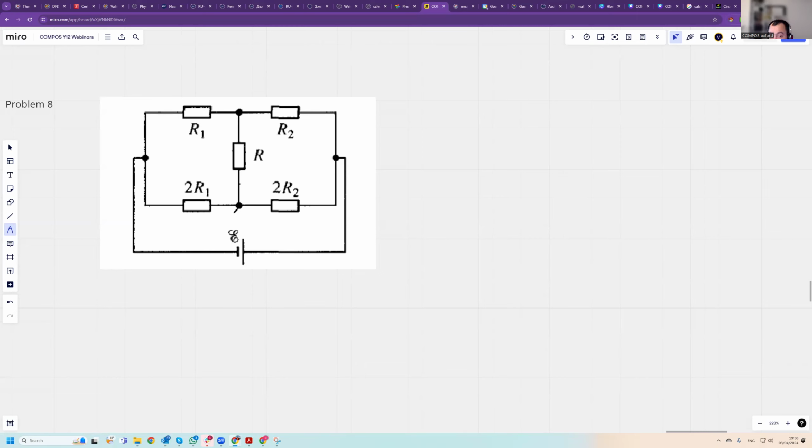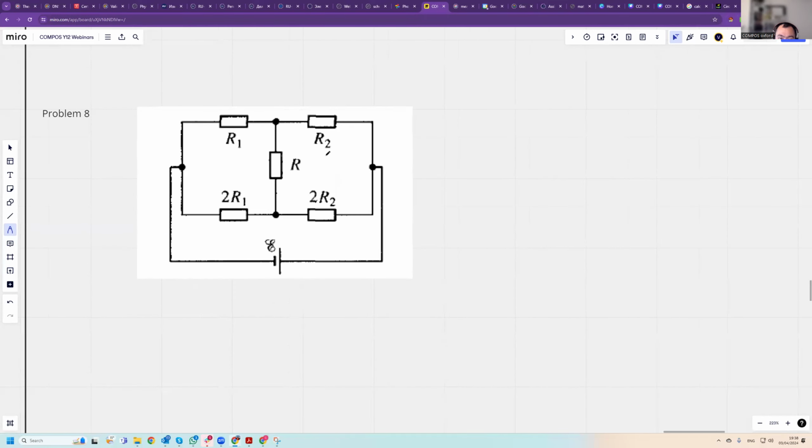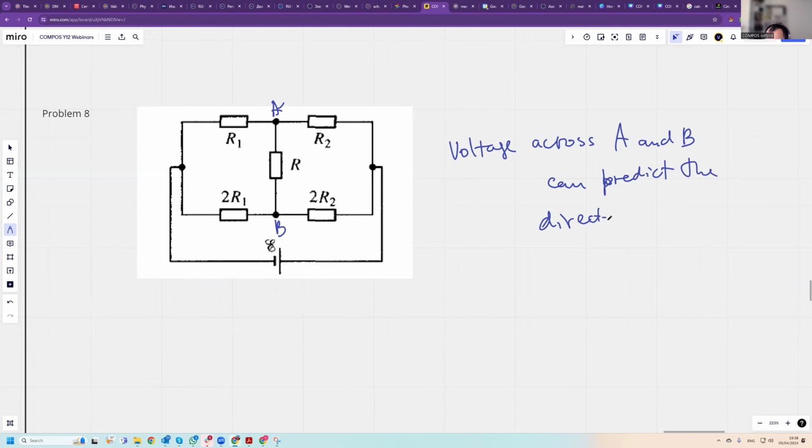It wouldn't predict the voltages though. So the voltage across A and B can predict the direction of current, right?